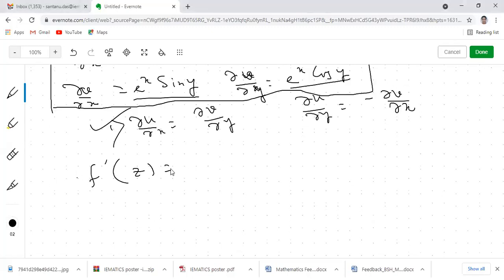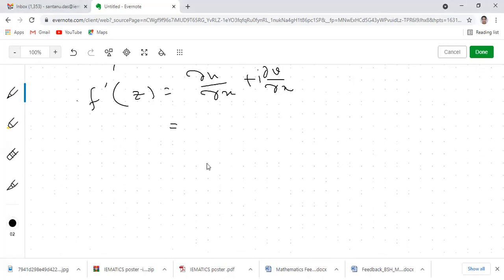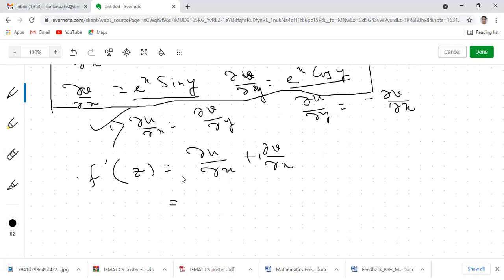If you want to find the value of f dash z by using the partial derivative, that will be del u del x plus i del v del x. So del u del x is e to the power x cos y plus i del v del x is e to the power x sin y.